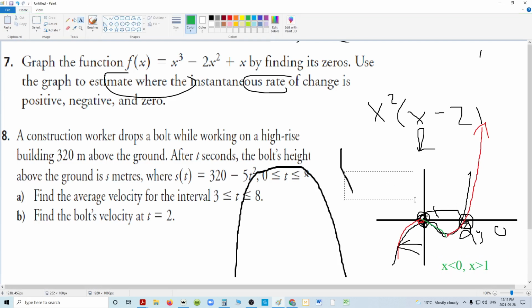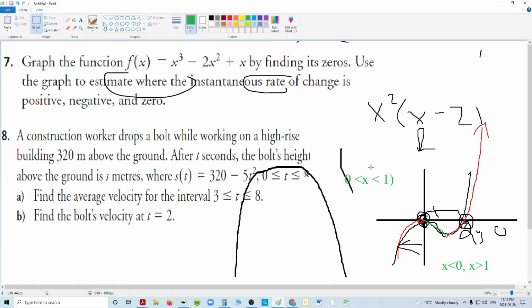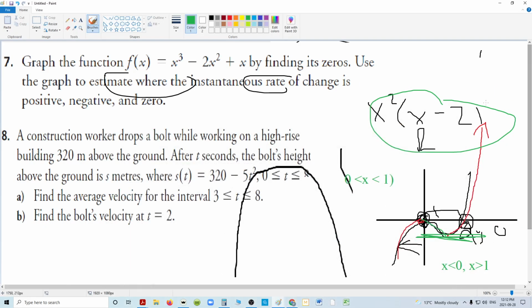And the slope is negative between 0 and 1. Now that's not quite right. You will learn in future textbooks how to find the exact minimum. And that's when this slope, or in other words, the instantaneous rate of change for this thing is equal to 0. And you will be able to solve it.